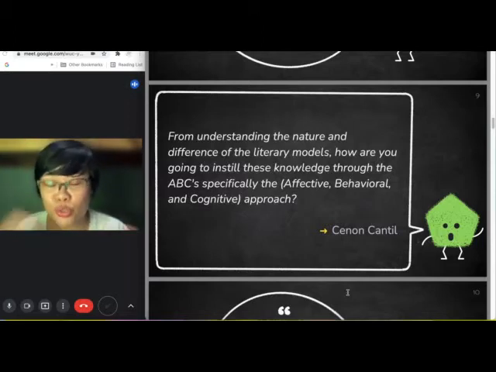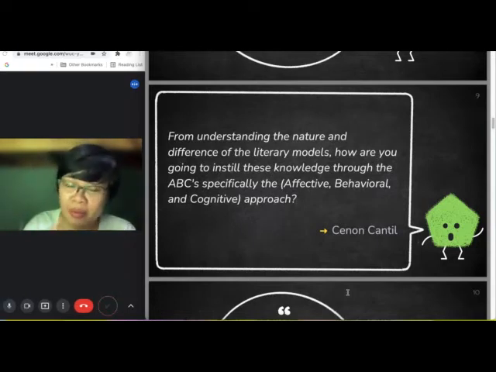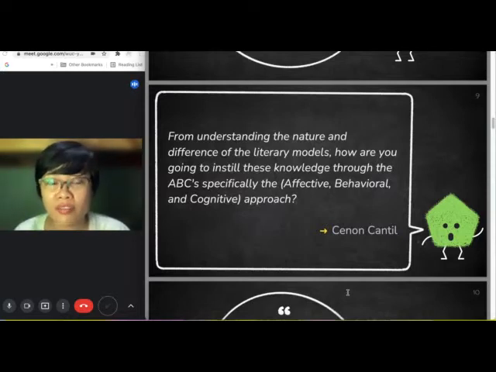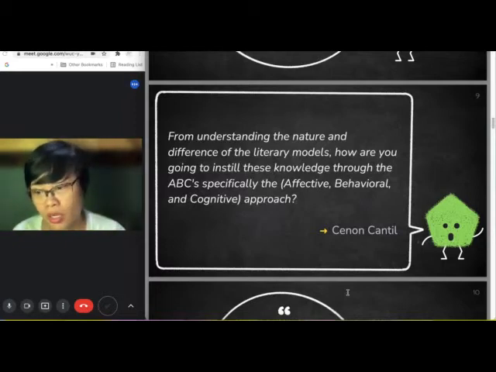So don't just choose any literary piece. Going back to affective, one very important thing for the affective domain would be appreciation, the valuing. It could be the valuing of a particular personality or attitude, or it could be a theme. But in general we talk about appreciating a literary piece.